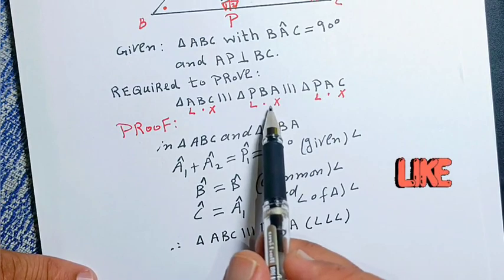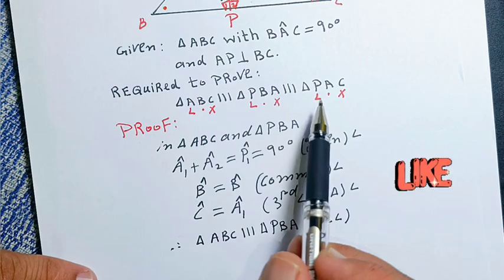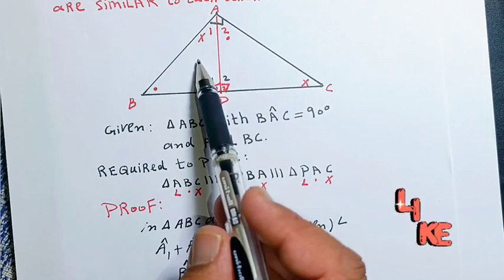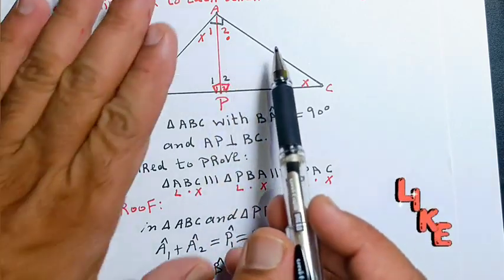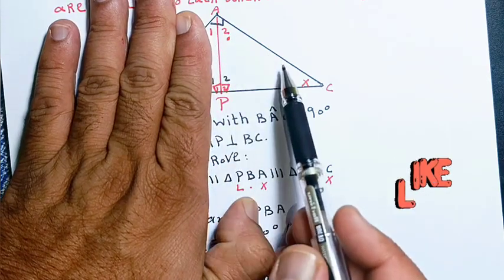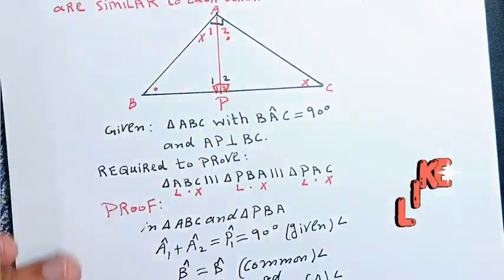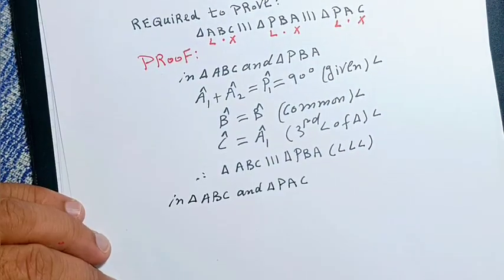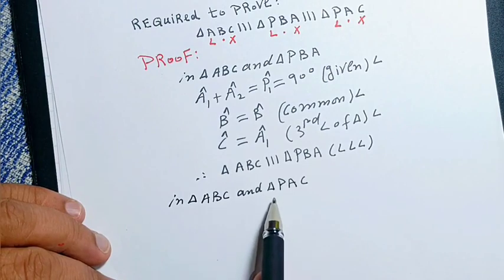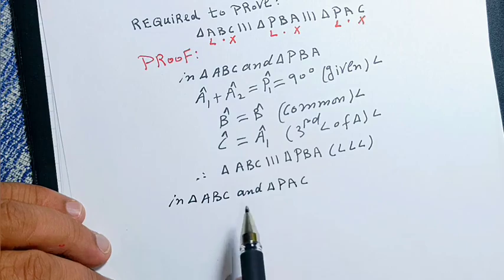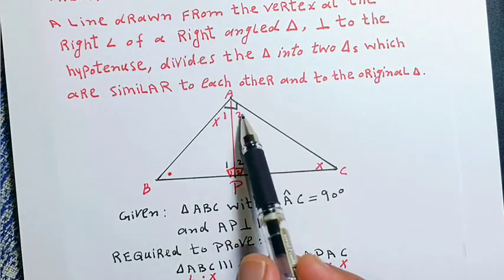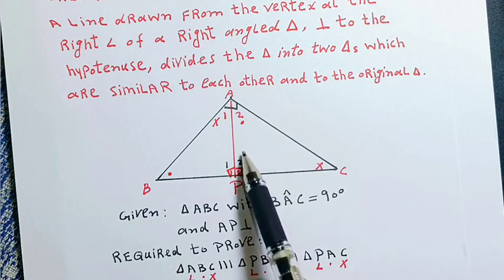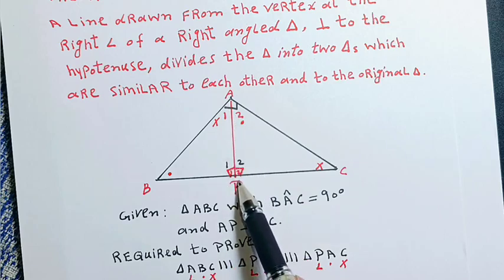Now I need to prove that triangle ABC is also similar to triangle PAC. Remember, the main triangle and the left hand side are done; now we're going to do the right hand side triangle, this one. In triangle ABC and triangle PAC, angle A1 plus A2 is equal to angle P2. Remember this is 90 degrees, this is also 90 degrees.